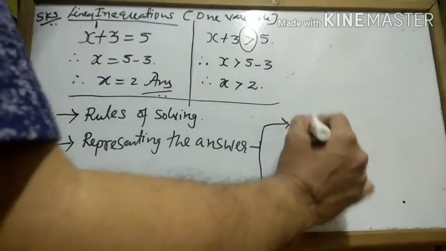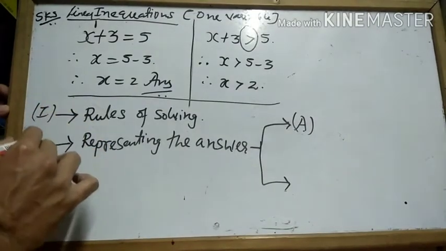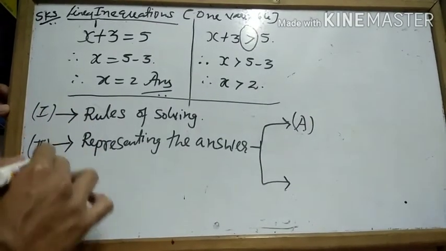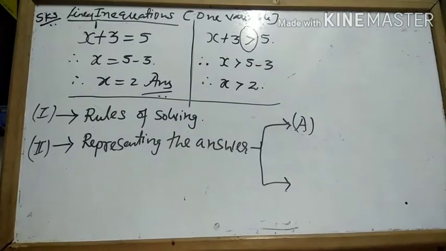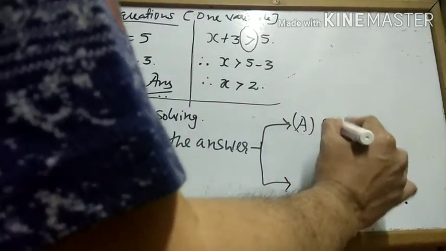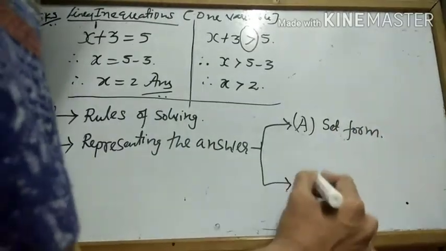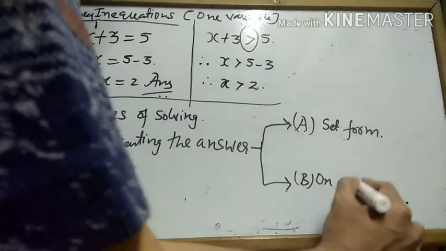One is rules of solving equations. Second, representing the answer. It is represented in two different ways. One, in the set form, and second, on a number line.